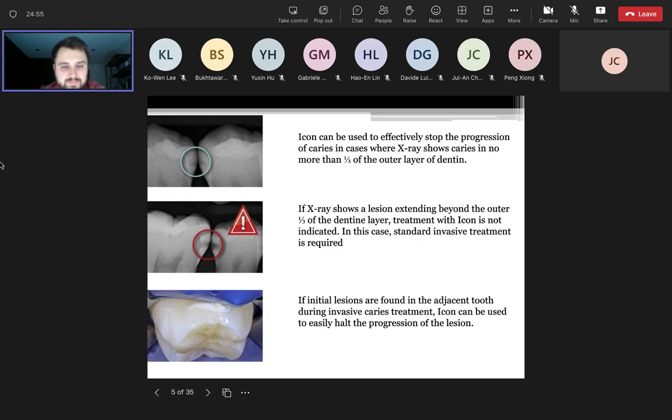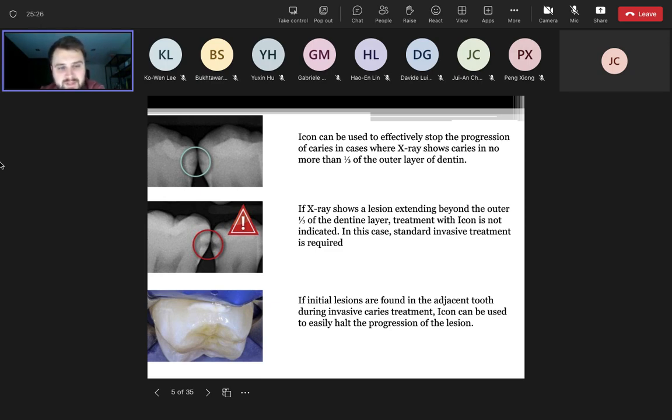This procedure could be used on buccal surfaces of all the teeth or proximal surfaces, but we have to do it a little differently. At first, we have to check whether these lesions, not cavities, lesions, have thick enamel untouched or it is a cavity.